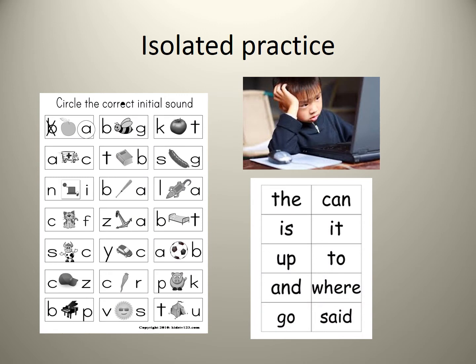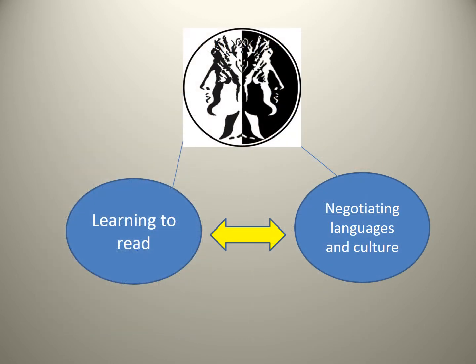Reading foundation instruction often isolates skills and removes the act of reading from real texts and stories and communicative tasks. This is a serious problem for bilingual learners. Remember, bilingual learners are not just learning to read. They're learning to negotiate languages and culture as well. That is why a rich language context and cultural connections cannot be removed from learning to read.